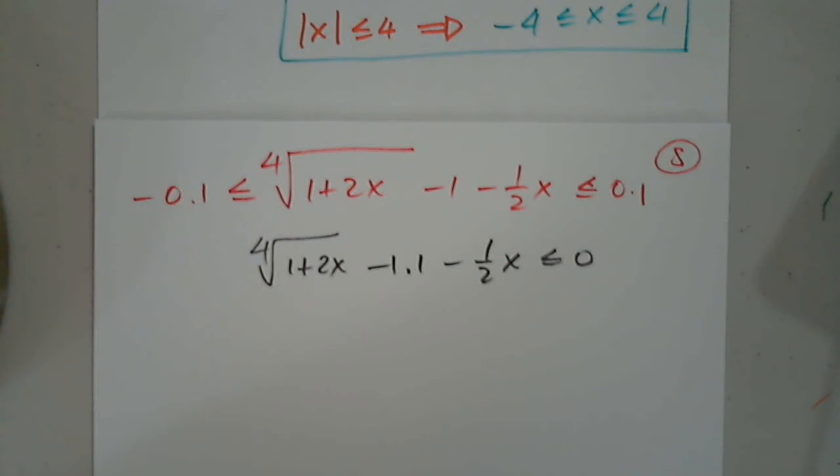Okay, so in y equals, clear, and we will enter in parentheses 1 plus 2x, power, and of course in parentheses 0.25, that's my quarter, minus 1.1 and minus 0.5x.